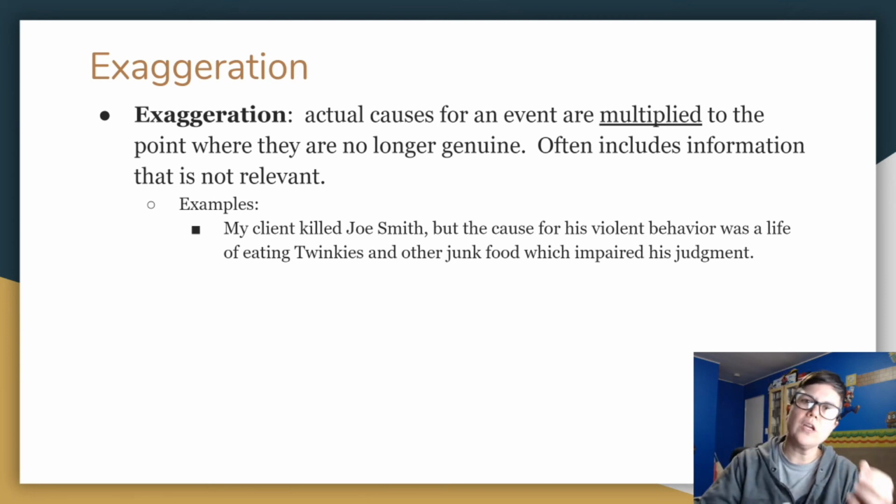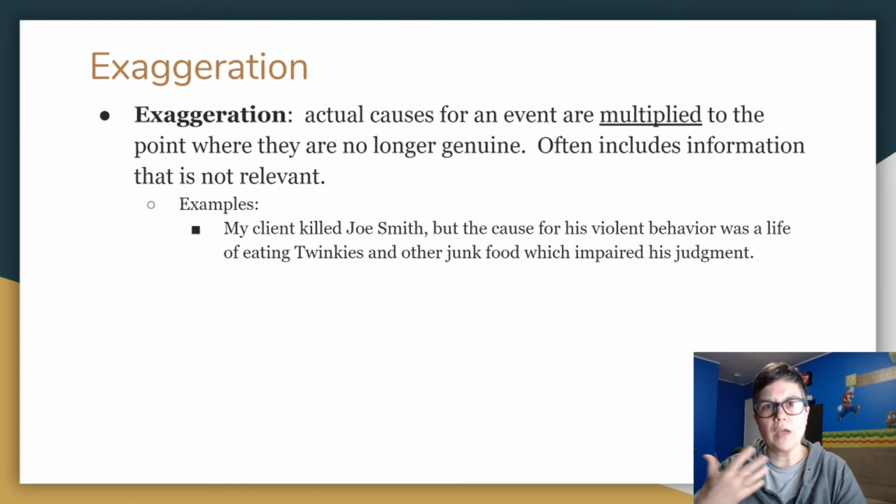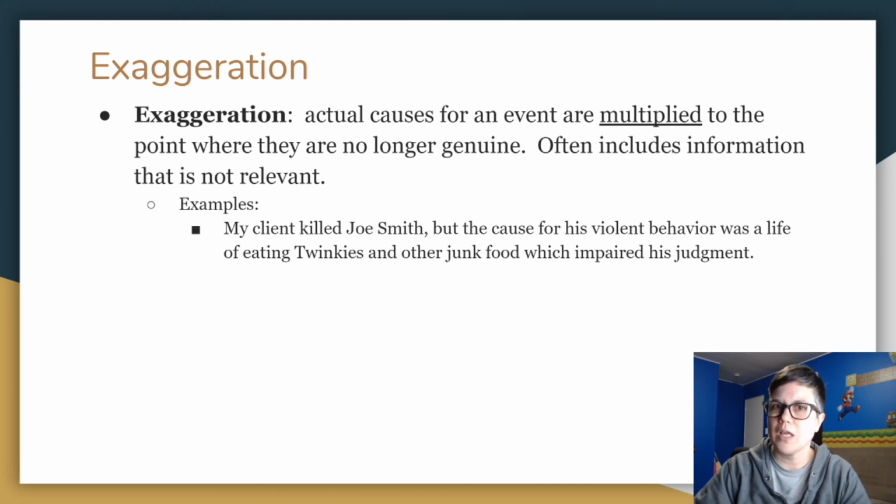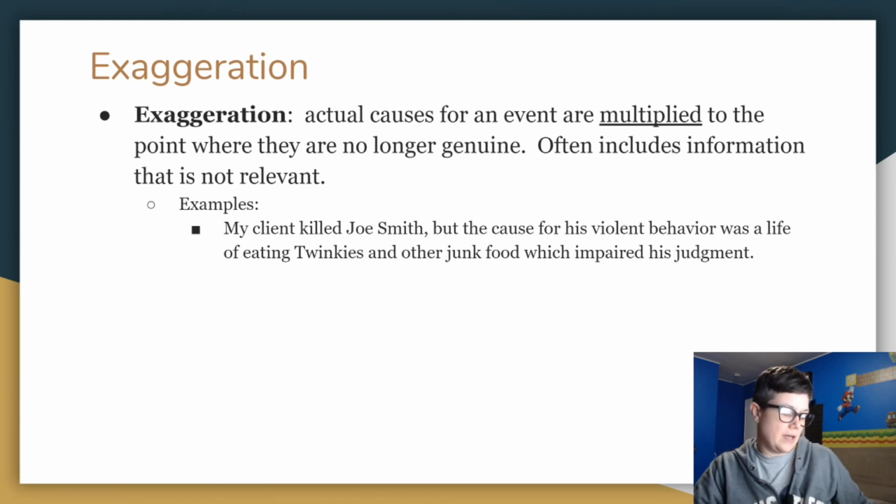All of these things are irrelevant, and I'm masking my actual causes, the examples that are actually relevant to what I'm saying, by putting in things that are not necessarily related to the issue. So make sure when you're choosing examples, you choose things that are related to your line of reasoning and to your thesis statement.